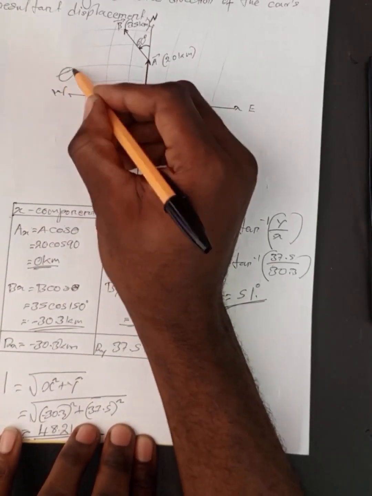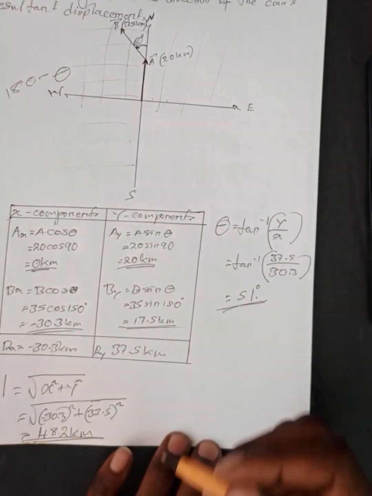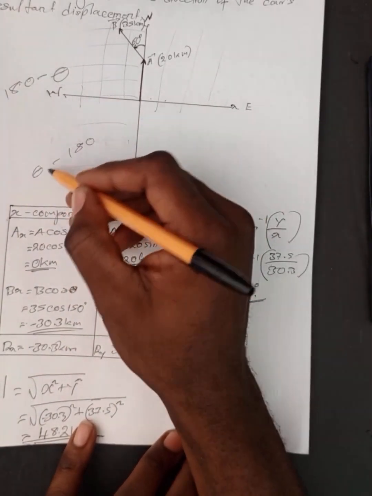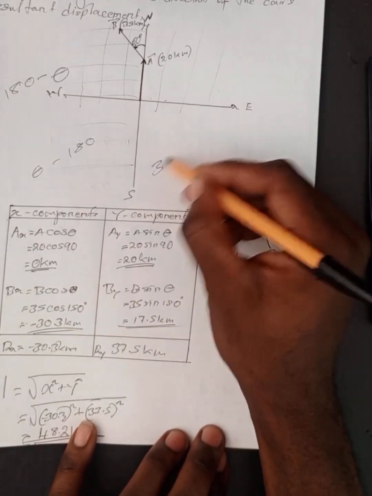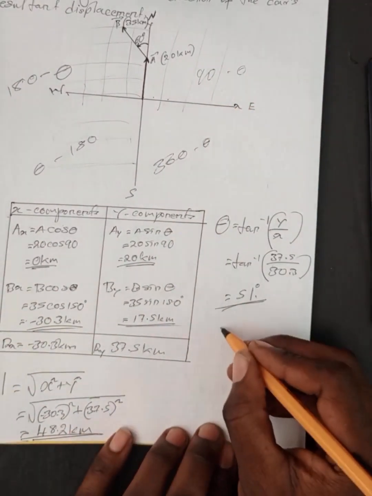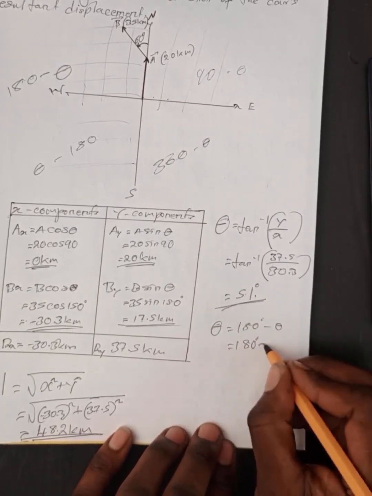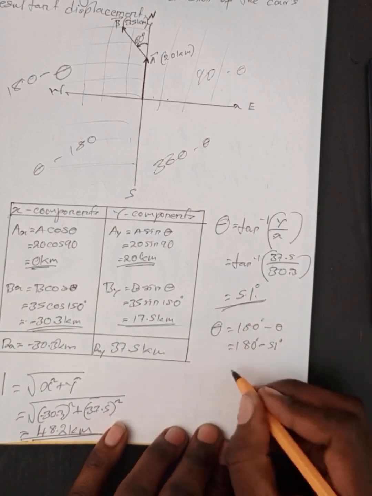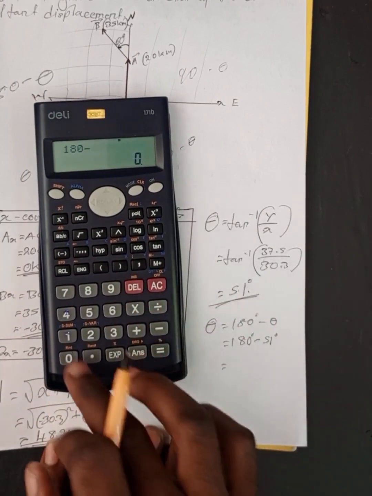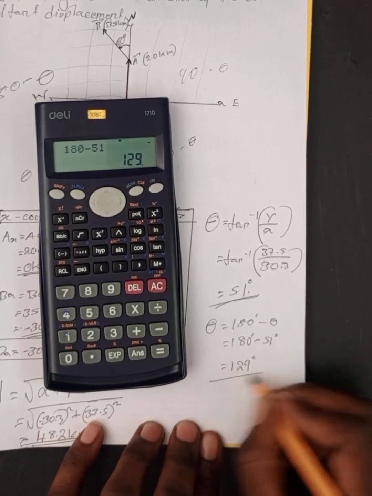This one is equal to 180 minus theta, the formula for the second quadrant. In the third, we have theta plus 180, then 360 minus theta for the fourth. So theta is 180 degrees minus 51 degrees, which is 129 degrees. This is your final answer.